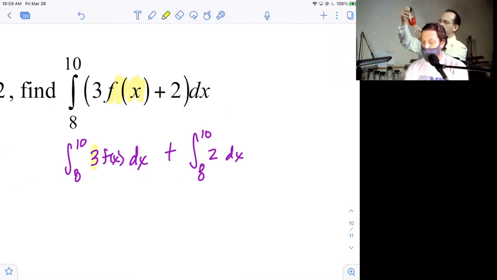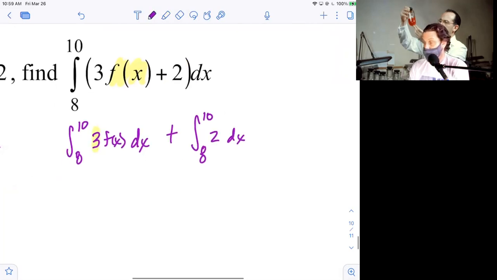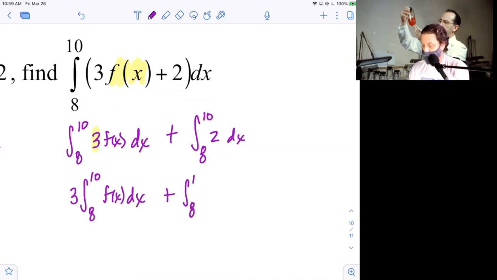Now in the first one, I have that 3. He's a constant multiple. I'll pull him out front. So that's 3 times the integral from 8 to 10 of f of x dx plus the integral from 8 to 10 of 2 dx. All right, so what I was able to do is to separate it to get at that right there.